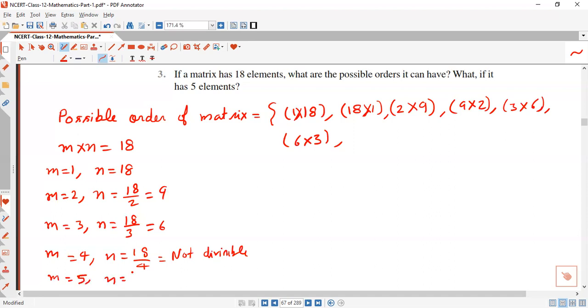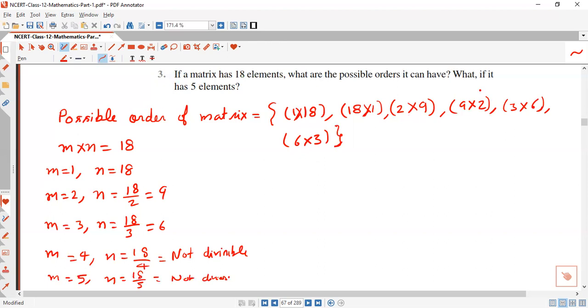For 5, 18 by 5 is again not divisible, so 5 is also not an answer. If m equal to 6, we have already concluded 6 by 3. So only those orders are possible.